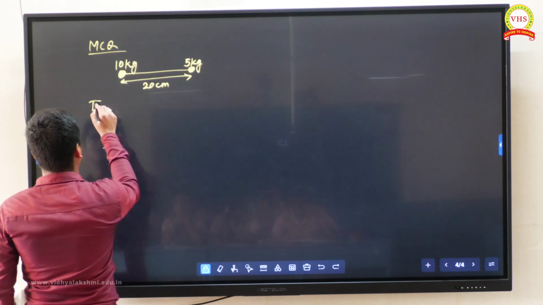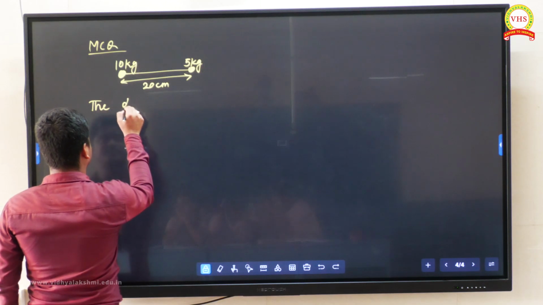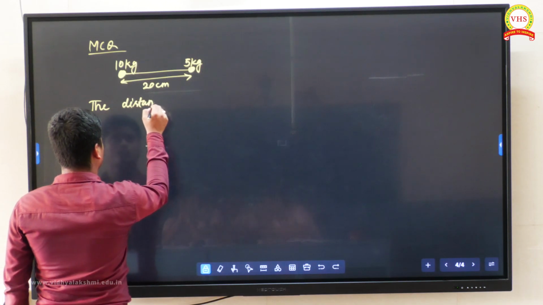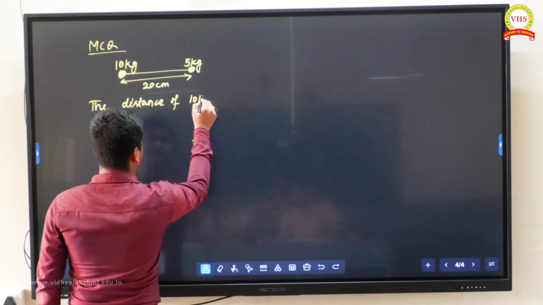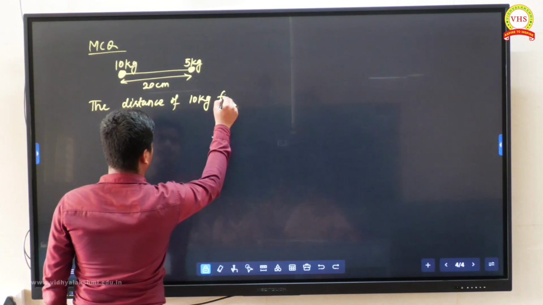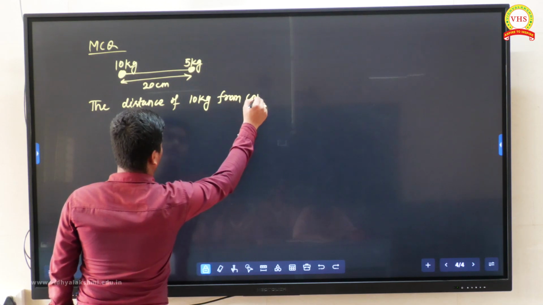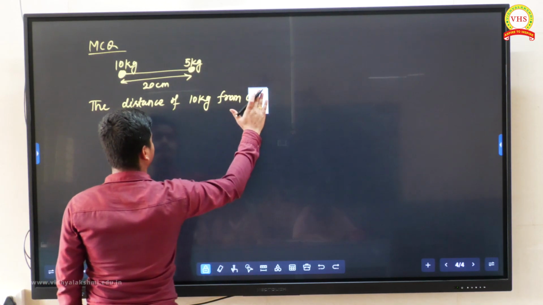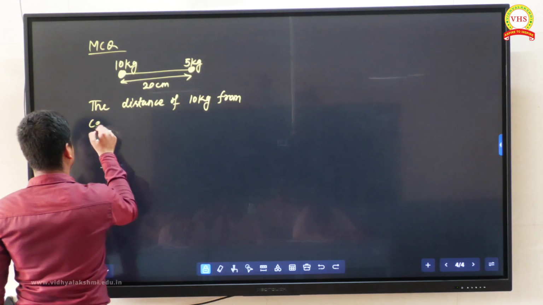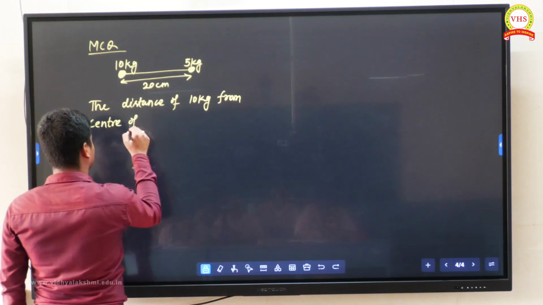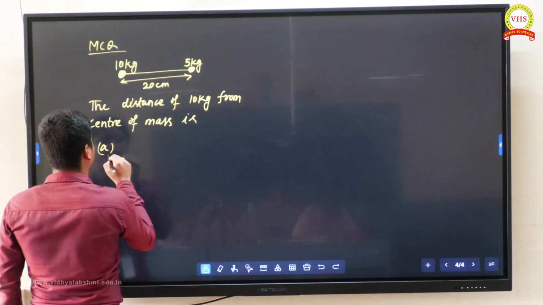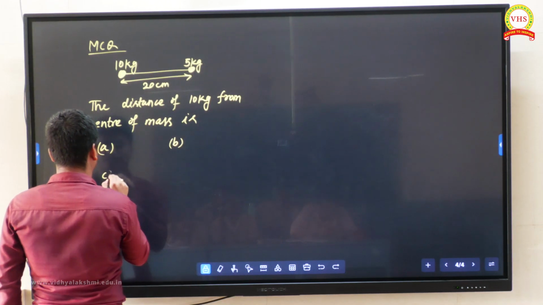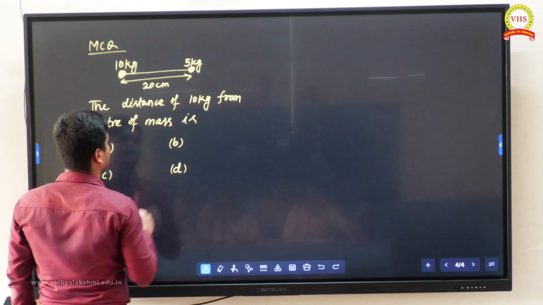Now, the distance of 10 kg from the center of mass is: option A, option B, option C, option D.